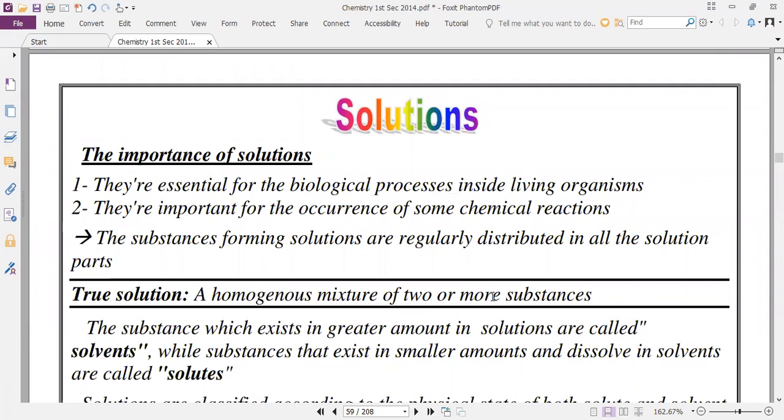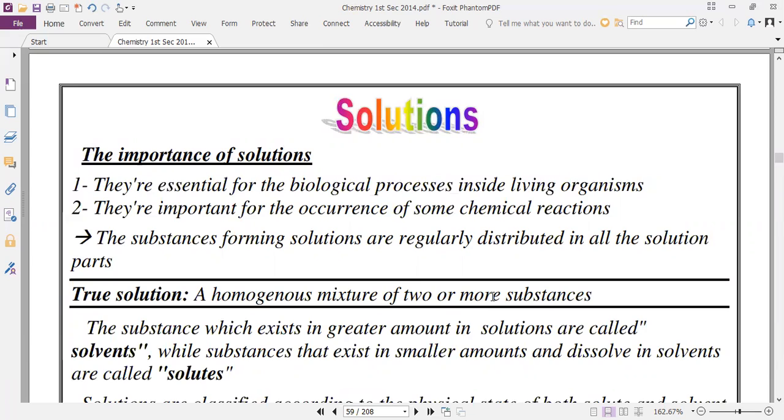First, solution. What is the importance of solutions? Try to read, please. They are essential for the biological processes inside living organisms. They are important for the occurrence of some chemical reactions. The substances forming solutions are regularly distributed in all the solution parts.